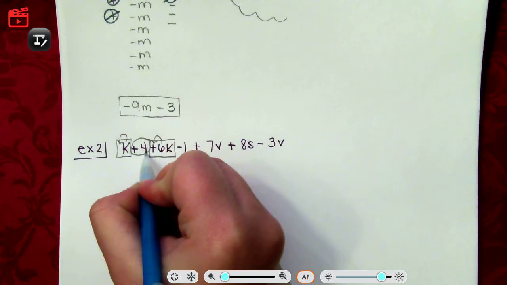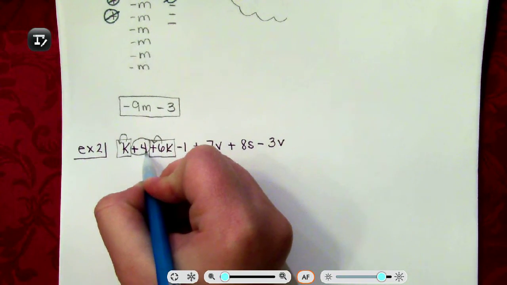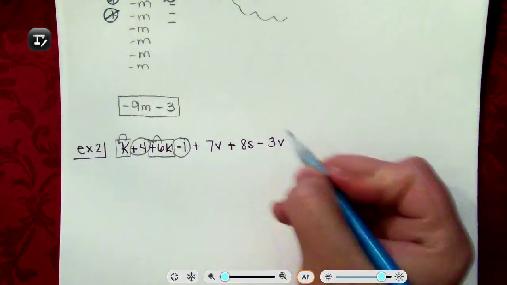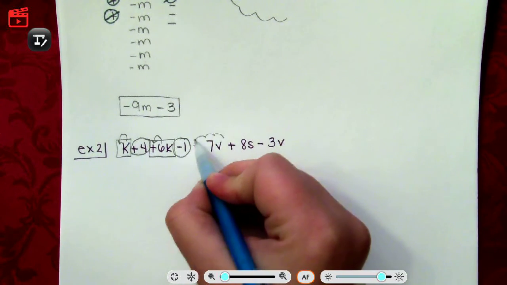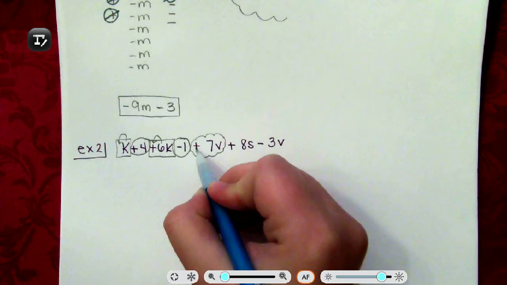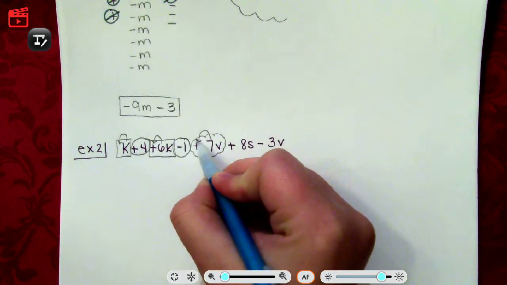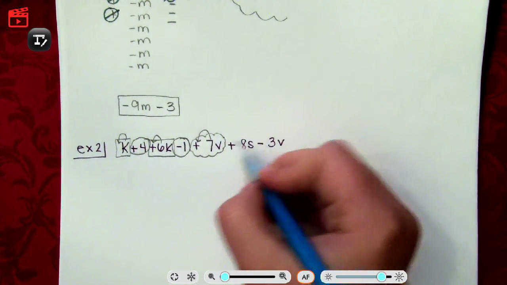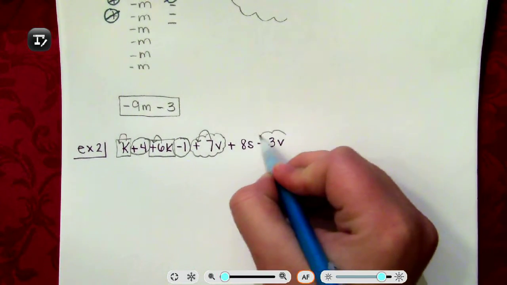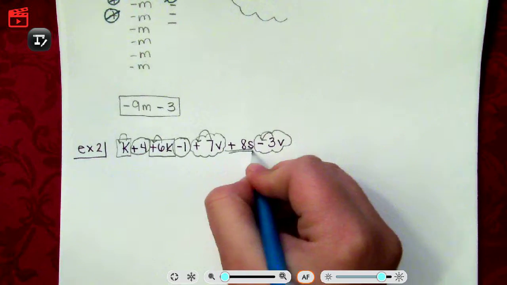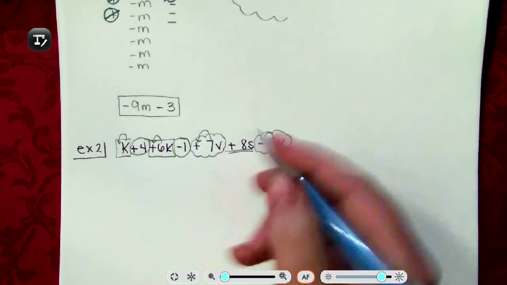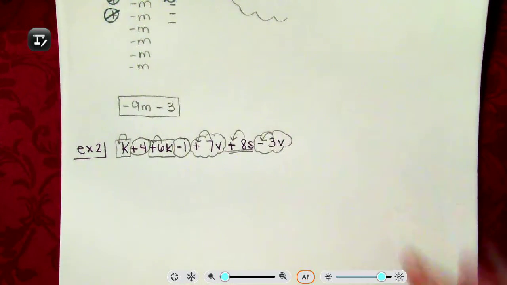My 4 has no letter next to it, so I'm looking for numbers, no letters. Then I'm going to put a little cloud around my positive 7v. Again, make sure you're taking that sign with it. And I'm looking for v's. There's another v. Make sure you're taking that sign with it. And then I'm left over with my positive 8s. And again, the sign goes in front of it.